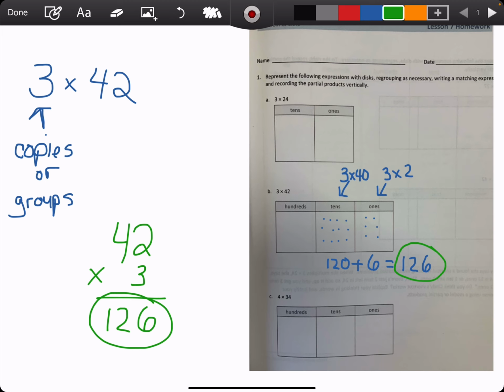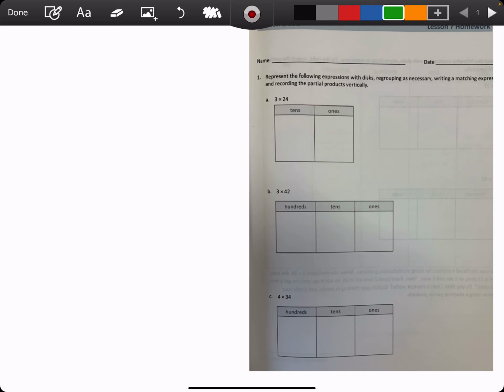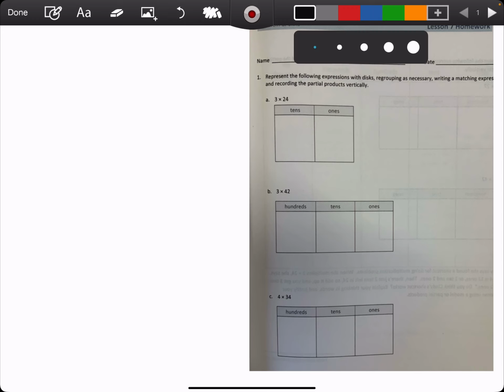All right? Now, let's do another one. We have 4 times 34. I don't like using the green. I'm going to do 4 times 34. So, I will show over here.